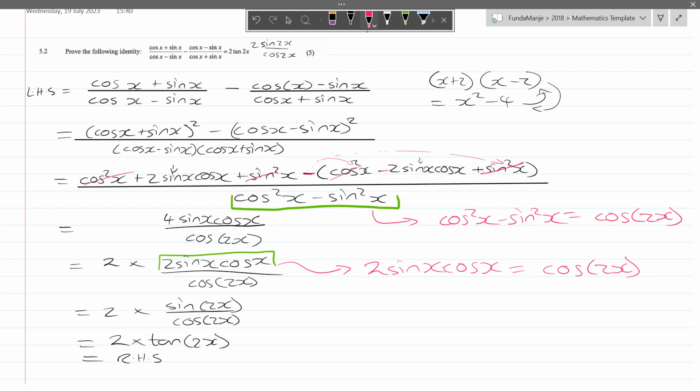And then lastly, this is just an identity for sine x over cos x gives us tan x. So that's the list of all the identities I used here, just these common 3, and we have proven our identity.